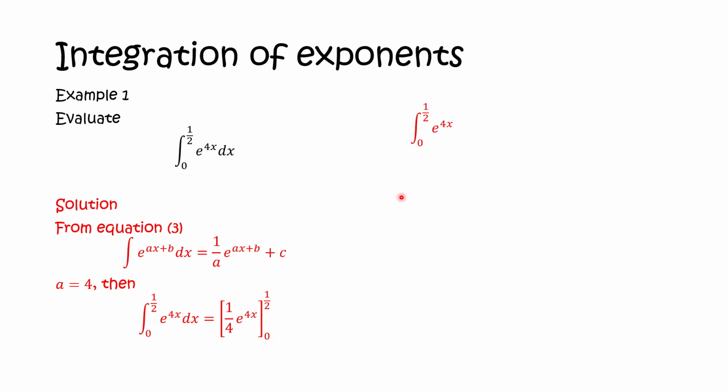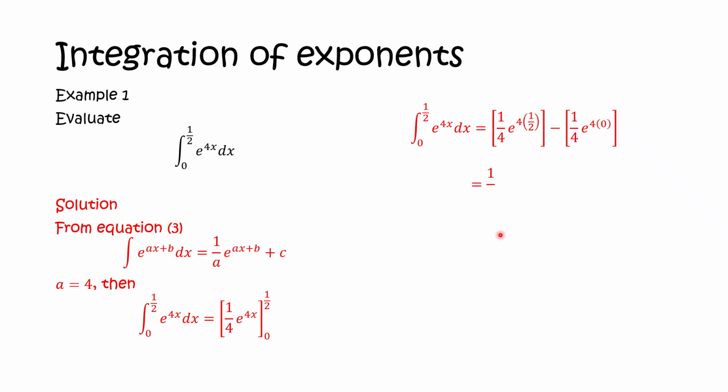And recall, in our prior videos, we spoke about how to go about integrating definite integrals. So in this case, we are going to substitute the upper limit first. That is to say, we would have 1 over 4 times e to the 4 times a half minus 1 over 4 times e to the 4 times 0.